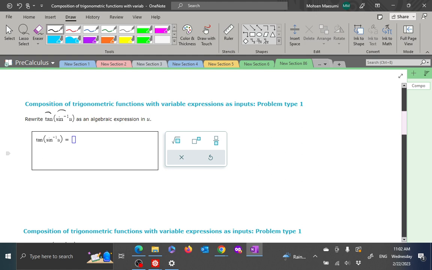The best thing to do here is to draw a picture. To get started, let's suppose the input that you're given is some positive number, and we draw a triangle. You can either use a unit circle or just the triangle approach.